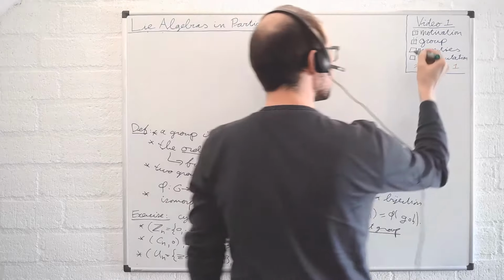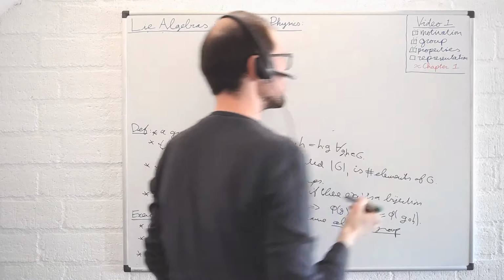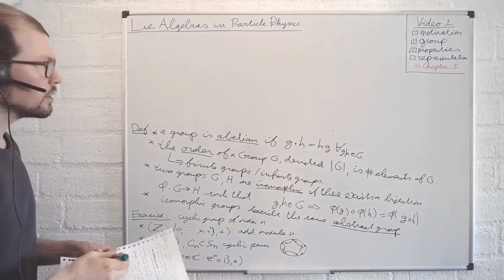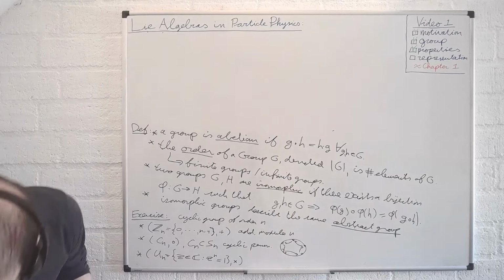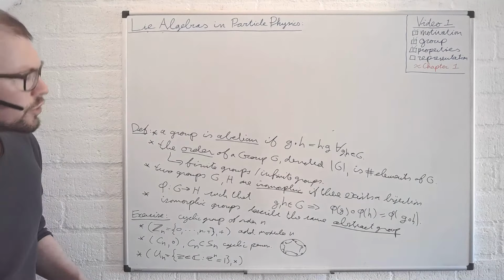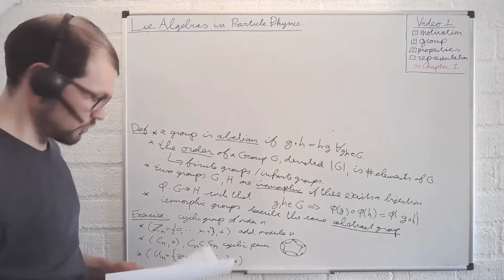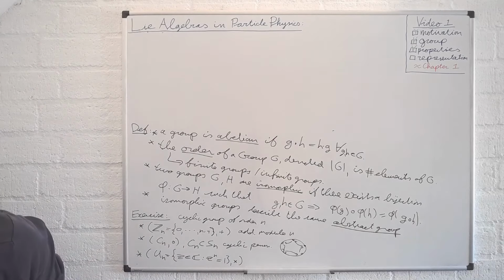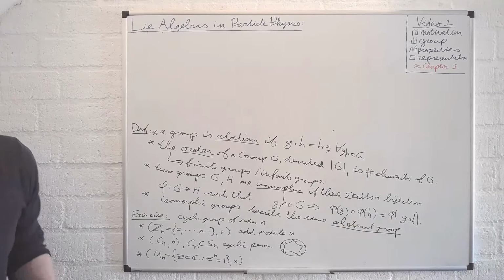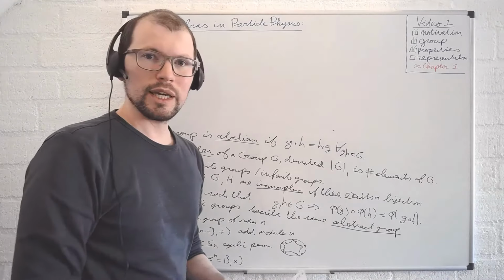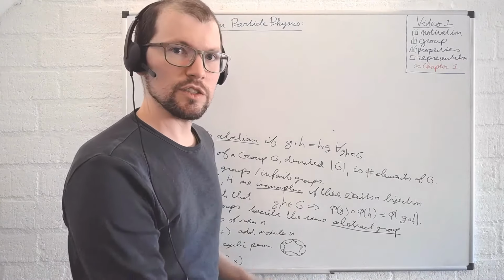So these are, for now, the most important properties that we need. Let me get to the final part of this video, which is about representations of groups. Representations are really going to be the mathematical definition of how a group can act on a system as a set of symmetries.